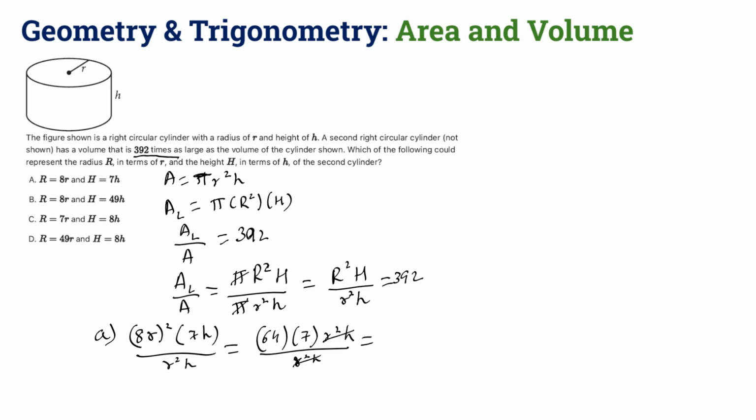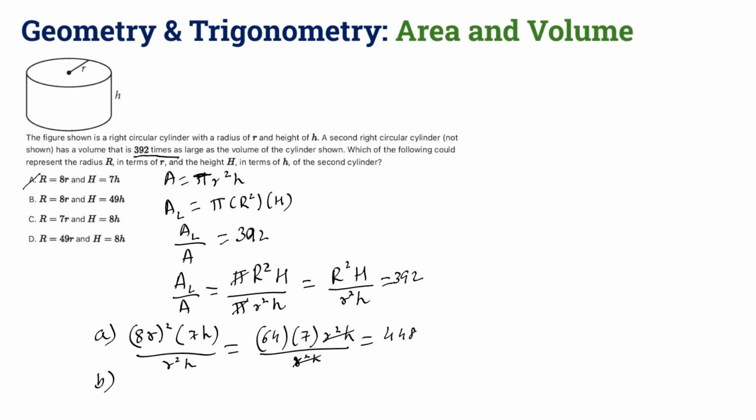R square h cancel each other out, and we get 448, which is not 392, so A is not the correct answer.